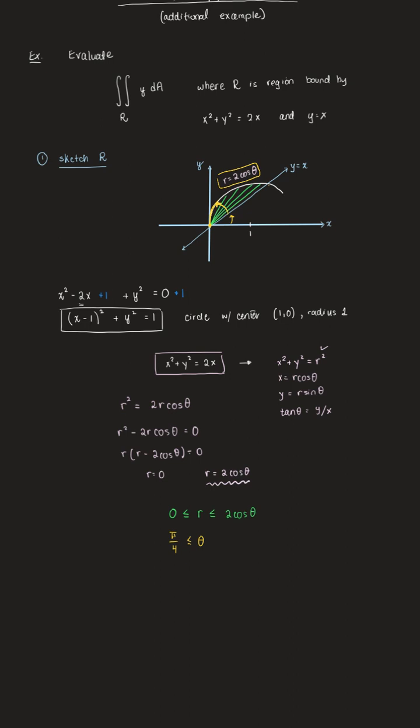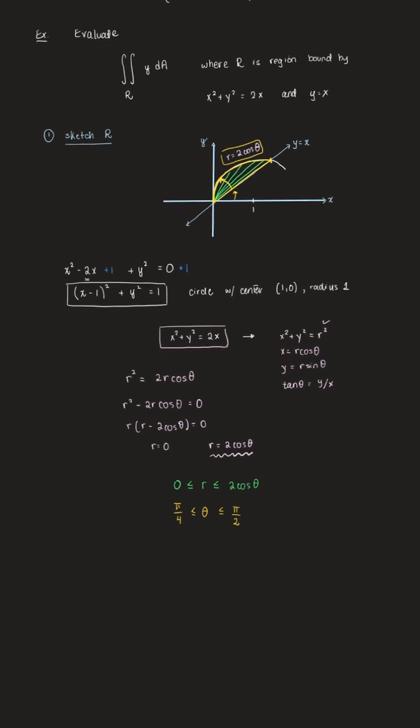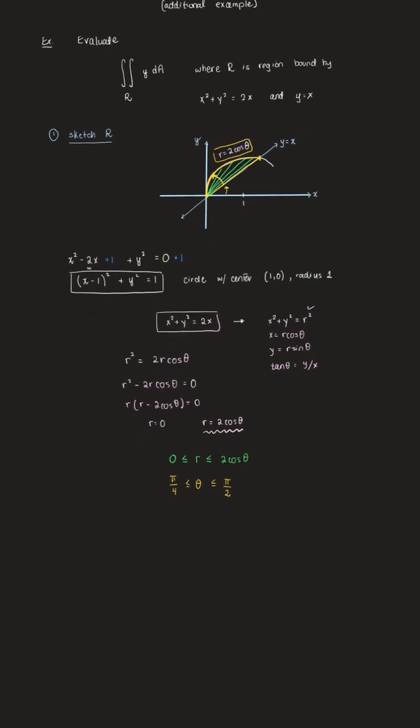Notice, r when theta is pi over 4 starts at this point, and then it gets smaller and smaller until it comes down to 0, and that happens when theta is pi over 2. So that means that theta is going to be between pi over 4 and pi over 2, because when theta is pi over 2, we get our radius back to 0, which is what this curve is doing. All right, so we are ready to set up our integral.